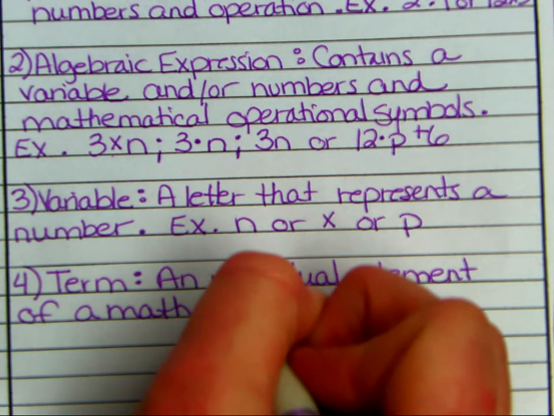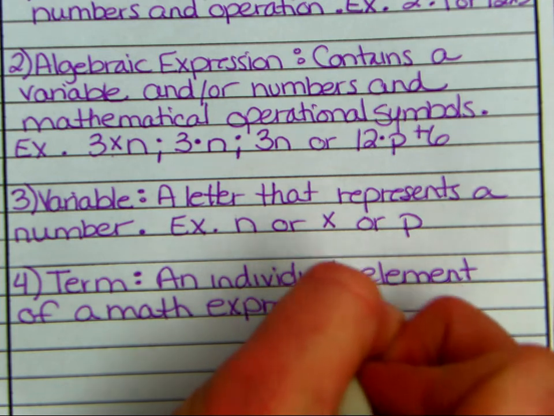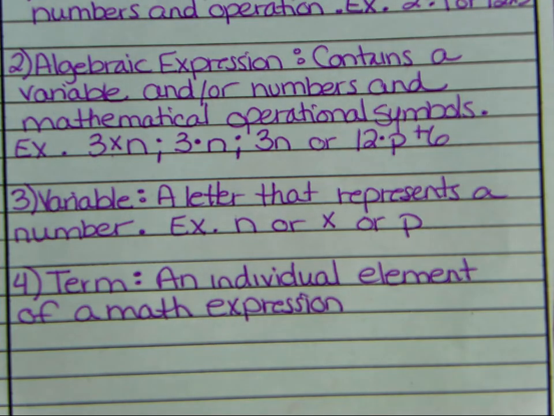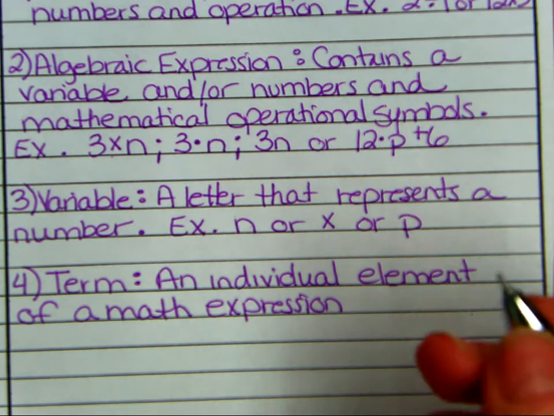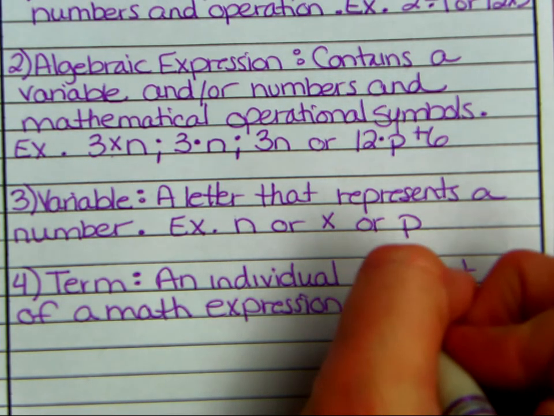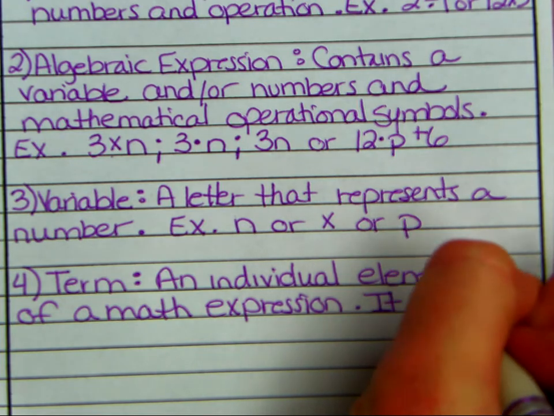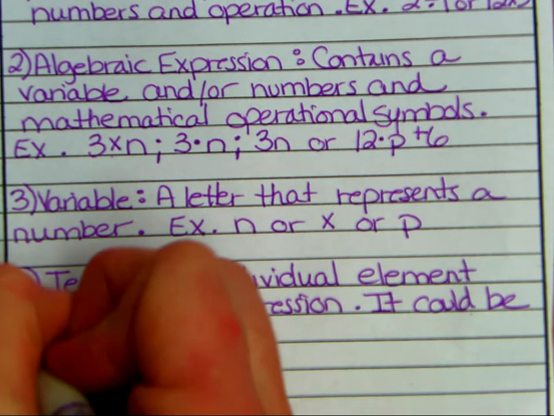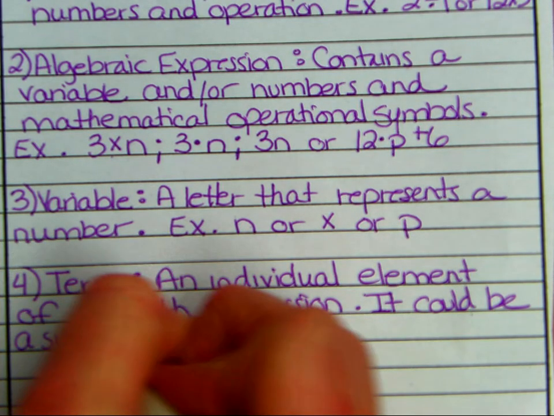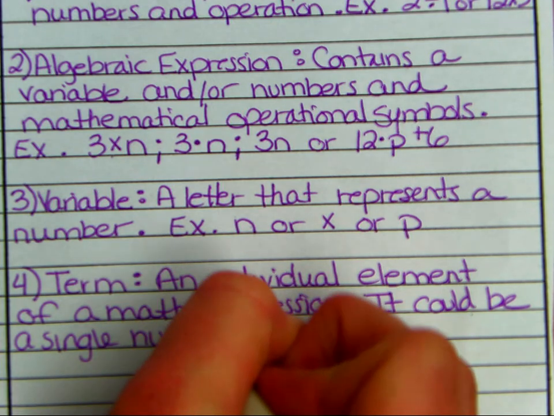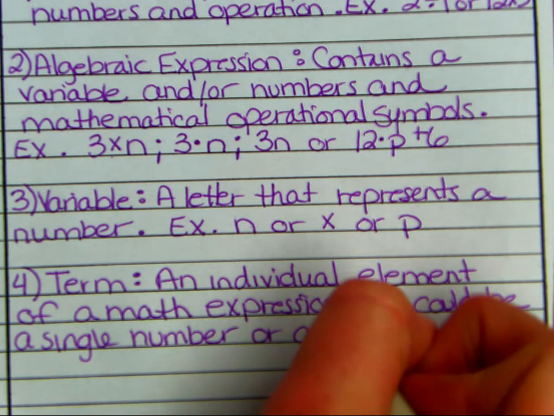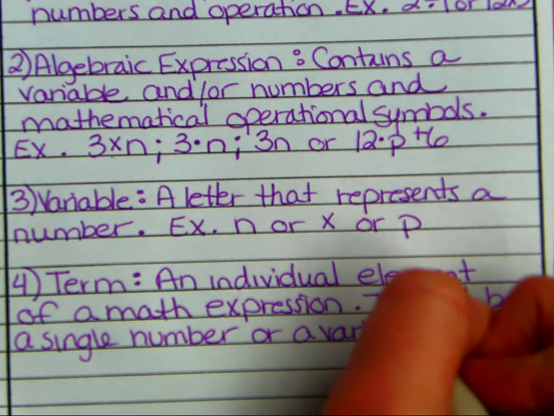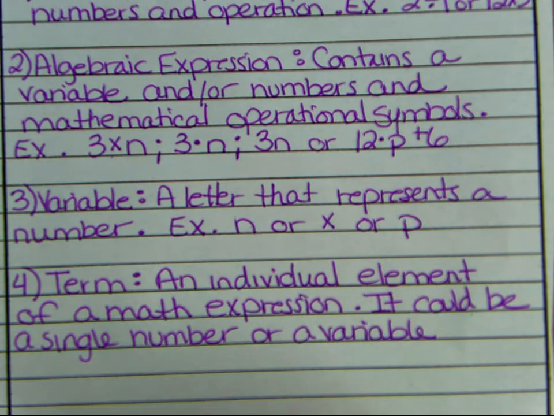Okay, so that seems more confusing than really what it is. Basically, it's just one of the parts of a larger expression. So it could be a single number, or it could be a variable, or a kind of mixture of the two.